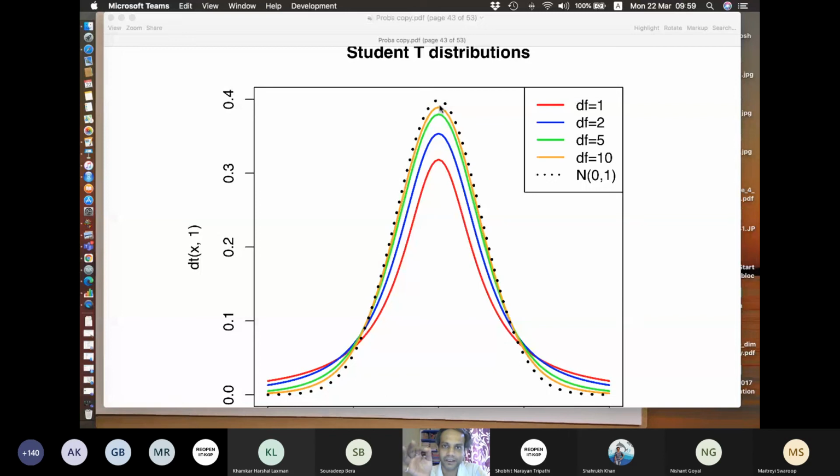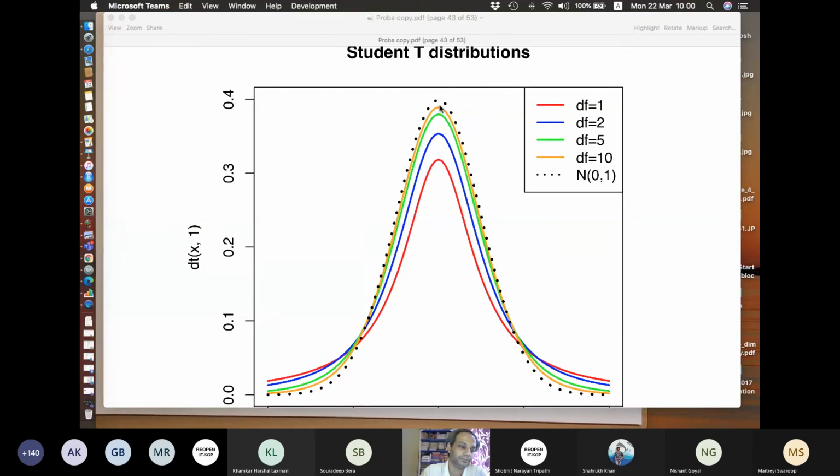We can prove it mathematically, but for that we need a stronger result. That result we will not be able to cover completely in this course, but we can state that if you have a Tn distribution, that means T distribution with n degrees of freedom, and n goes to infinity, then the PDF will be the same as the normal distribution, or the CDF will be the same as the normal distribution.